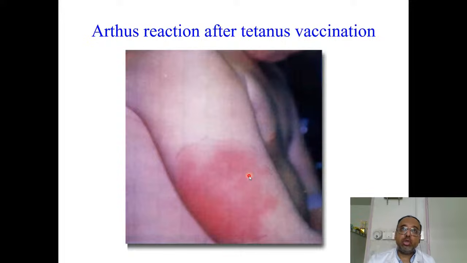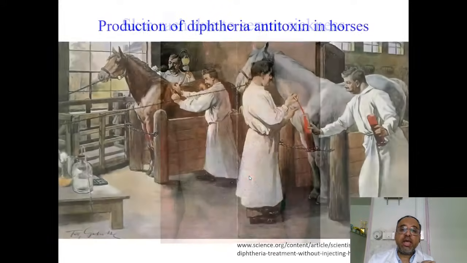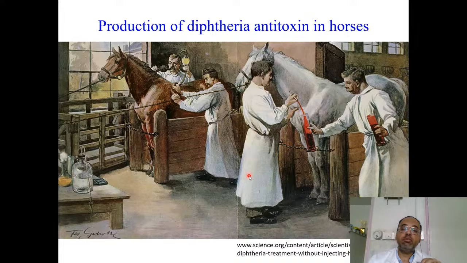In this case, you're not doing serum therapy. You're injecting them with the toxoid, or the altered form of the toxin, so that their own immune system can produce antibodies. Basically, what we are seeing in serum therapy is passive immunotherapy. Antibodies are produced somewhere else.